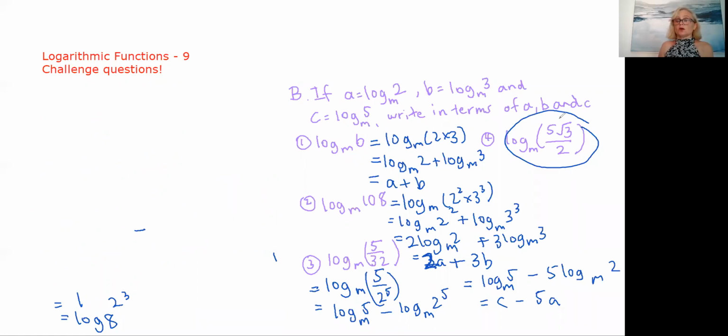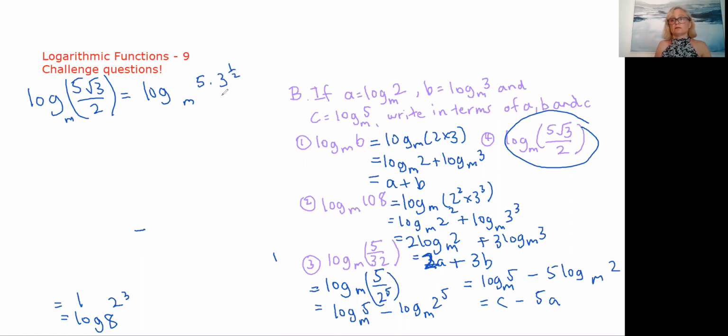So we've got log of 5 root 3 on 2, all to base m. All right, let's write this as powers of primes because that will help us use our A's, B's and C's appropriately. So we've got 5 to the 1 by 3 to the half. Remember, square root is raising to the power a half over 2. All right, so the products we're going to add.